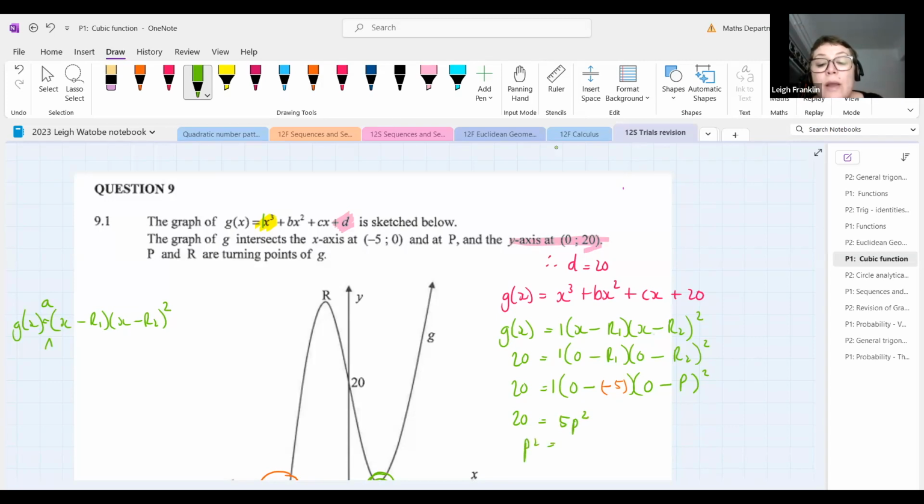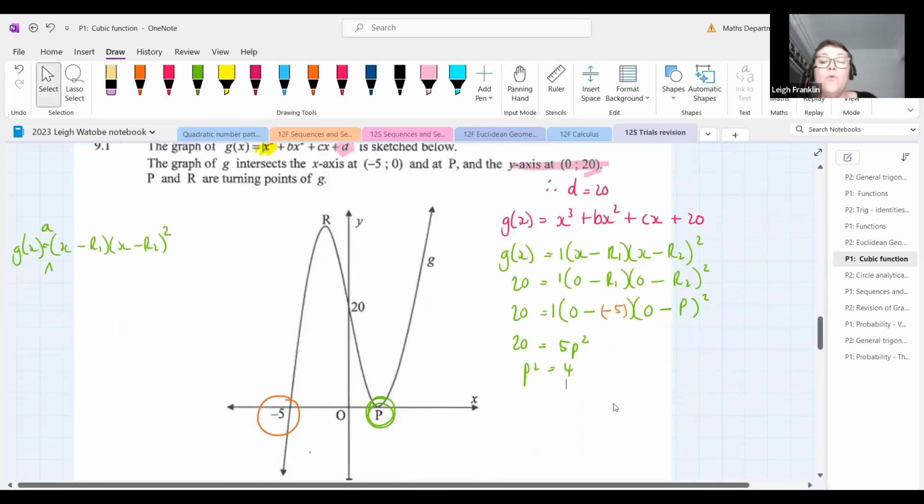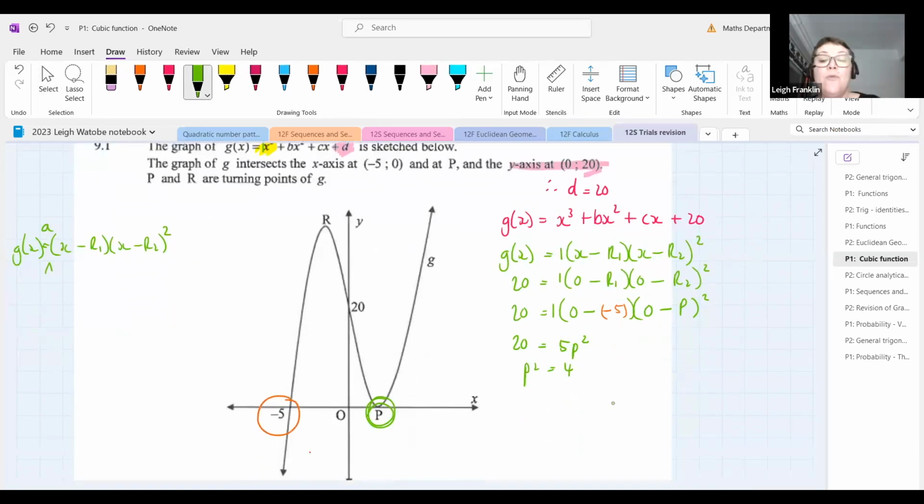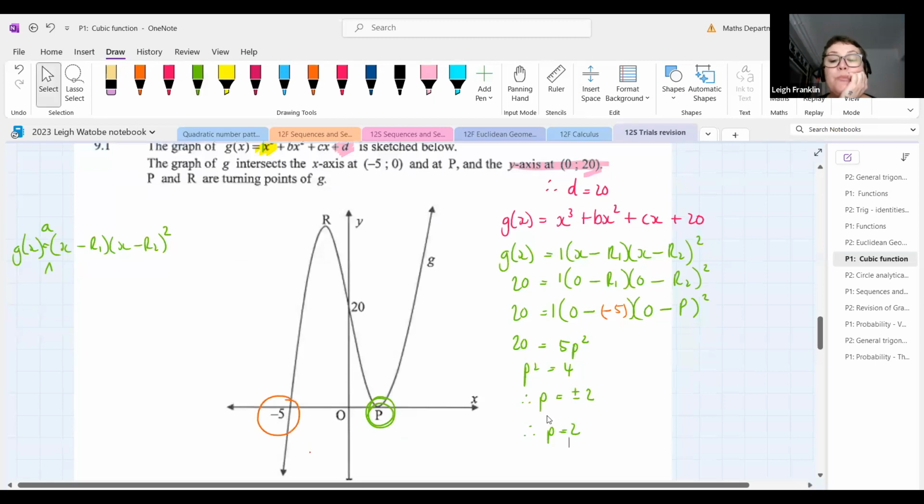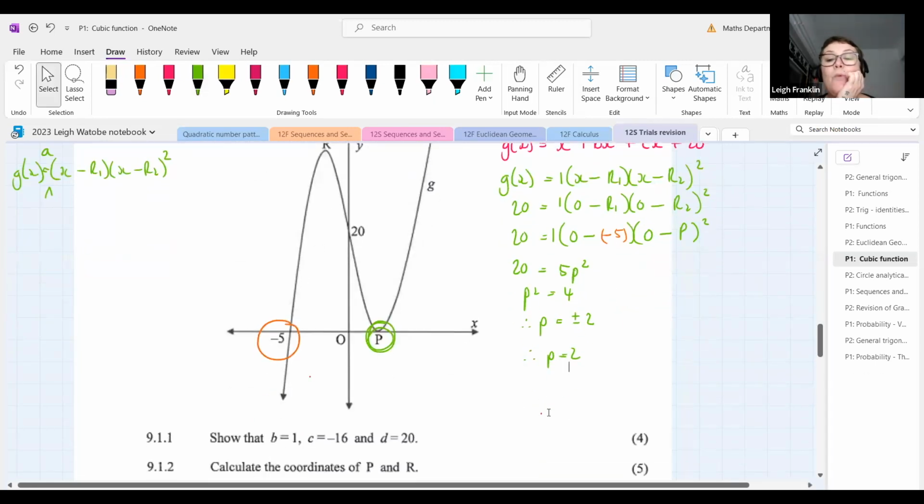So P squared would be equal to 4, because 20 divided by 5 is 4, and therefore P could be equal to positive 2 or negative 2. Which is it going to be? P is a point on the positive x-axis, so therefore P will be equal to 2, like Mosey said. Cool, Mosey, thank you so much. Brilliant. Right, now we are ready.